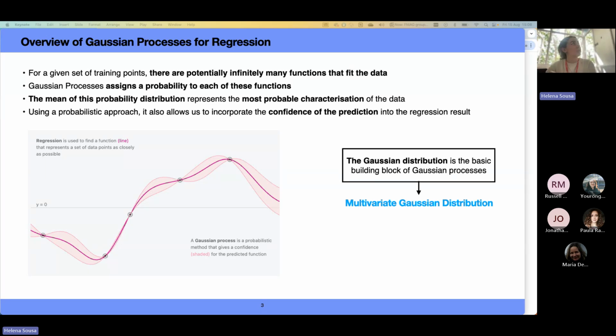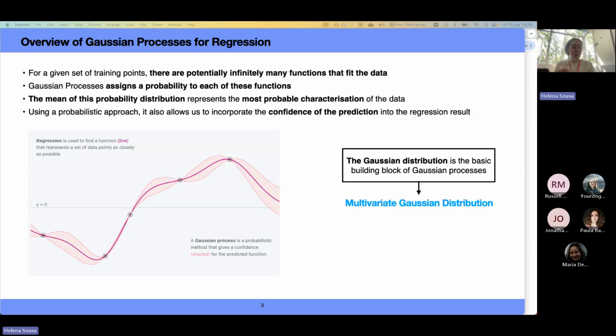The mean of this distribution will be our most probable characterization of the data, which we usually call the mean predicted function. An advantage of Gaussian processes is that it also gives us confidence in our predictions, since it is a probabilistic approach. So we have this confidence interval in our regression result, which you can see here as the shaded region in pink. This is a nice advantage of what Gaussian processes can give us.